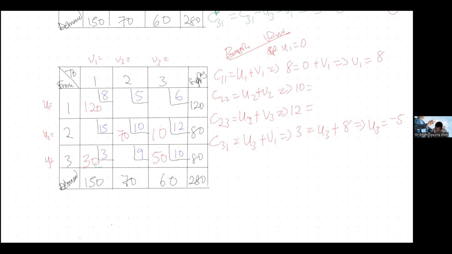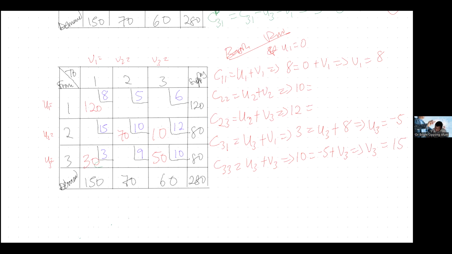Then we have C3,3, which is U3 plus V3, right? And C3,3 is 10, which is equal to U3, negative 5, plus V3, and therefore V3 is 10 plus 5, and that is 15.